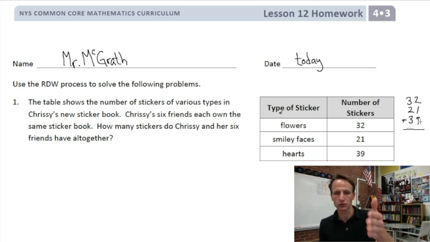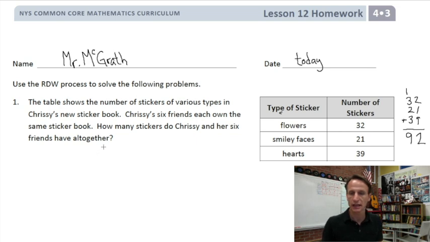And we see, so we're just doing column addition here. We see a pattern. 9 and 1 are 10, with 2 more is 12. Regroup the 1. 1 and 3 are 4, plus 2 is 6, plus 3 is 9. Okay, so 92. So Chrissy has 92 stickers, okay?